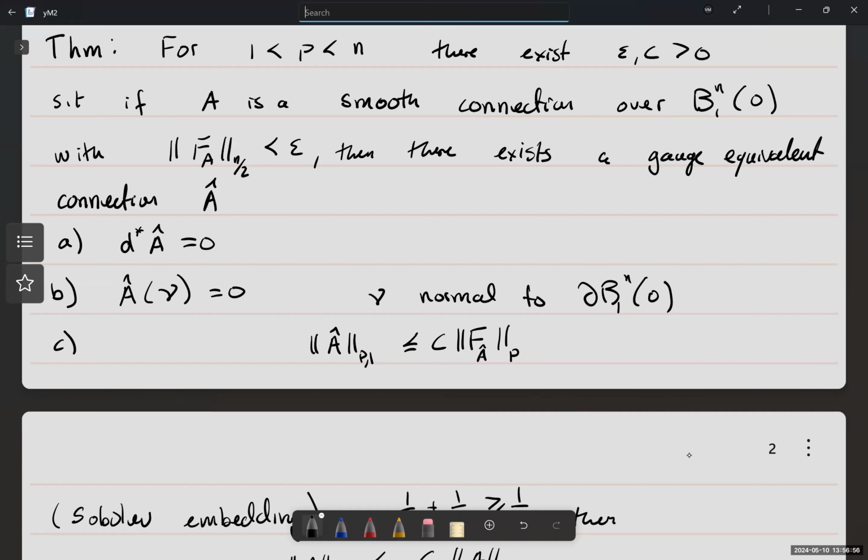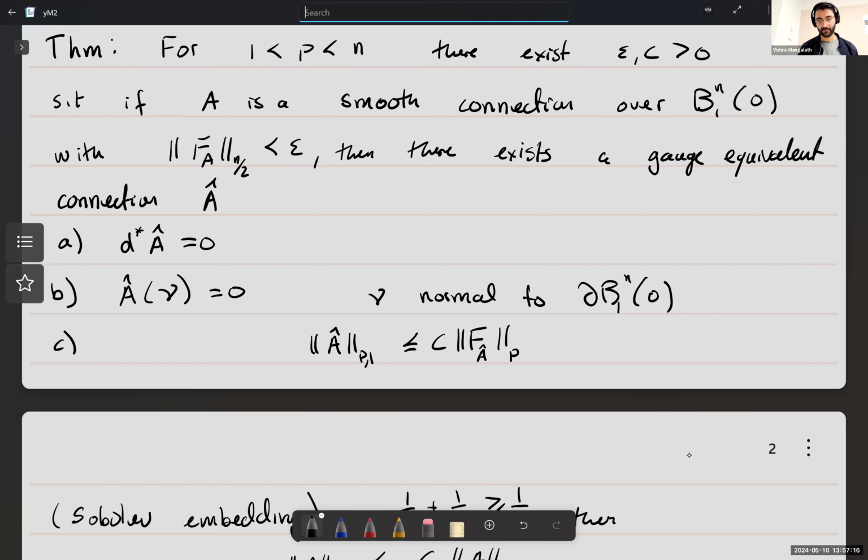Right. F is dA plus A wedge A, so first derivative plus a quadratic term. Naively we're looking for A to be in W^{1,2} intersect L^4.